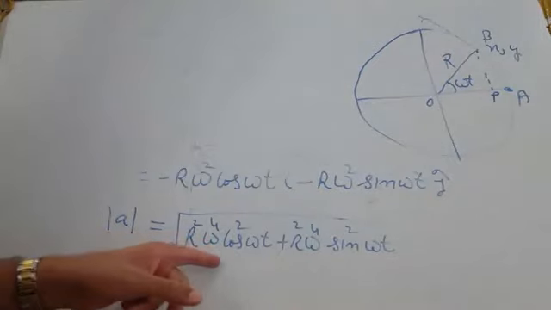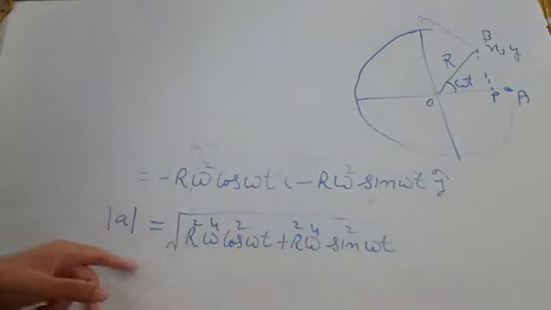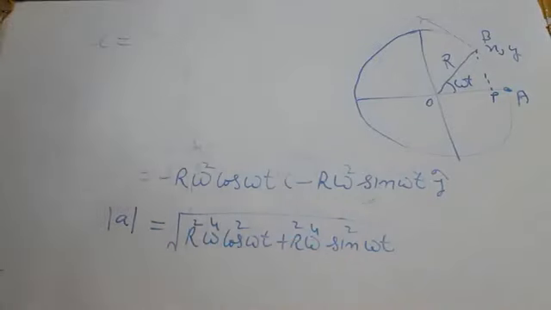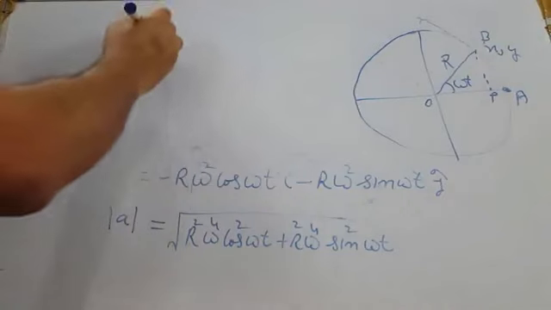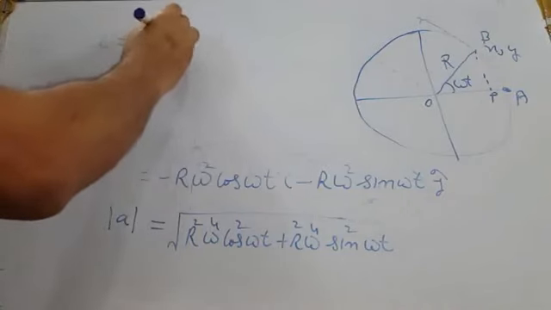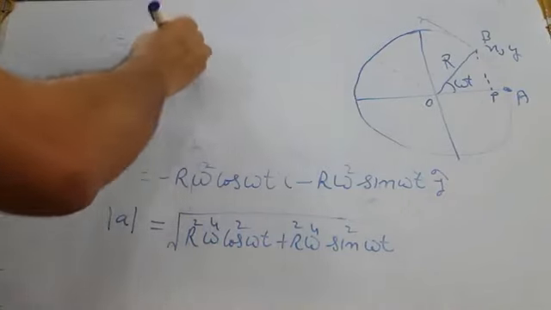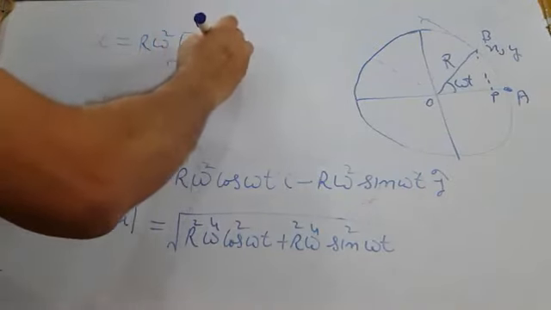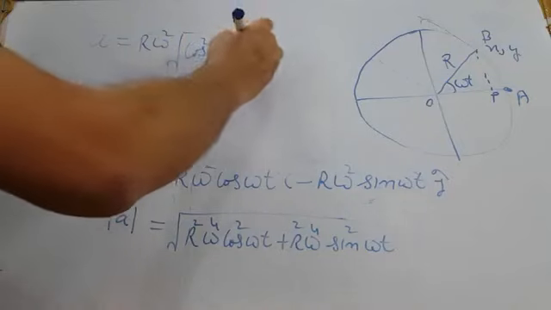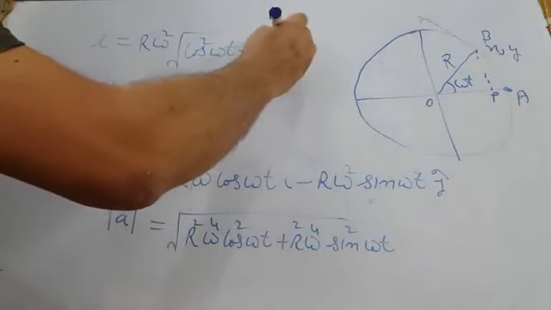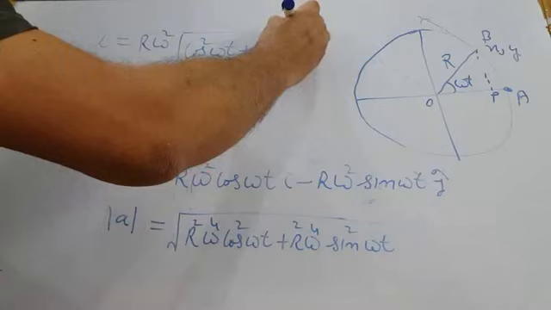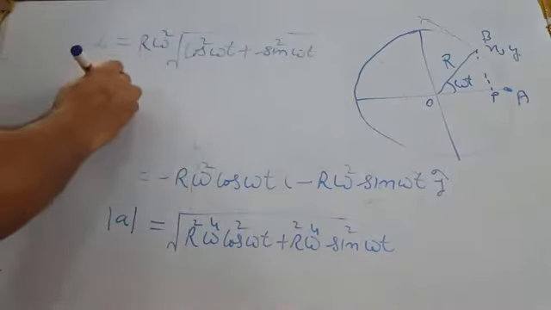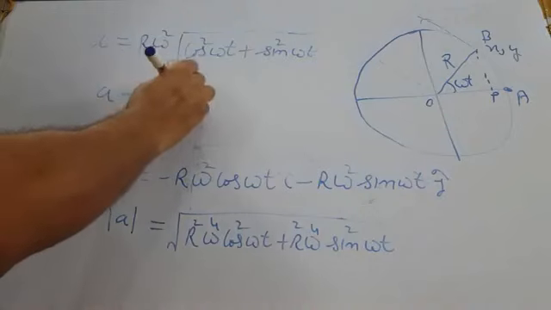Now r square omega 4 is common. You can take it outside. So when I take it outside, because it is under root, it will become r omega square. And what will be in the square root? It will be cos square omega t plus sin square omega t. And cos square omega t plus sin square omega t is equal to 1. So acceleration will be r omega square.